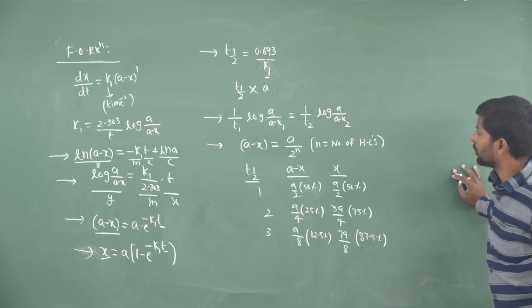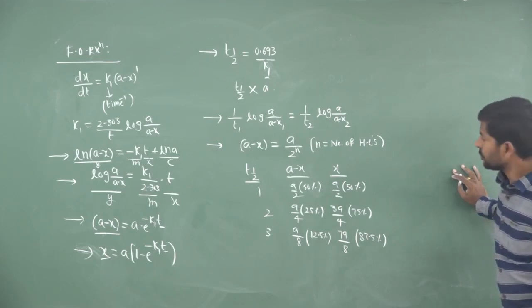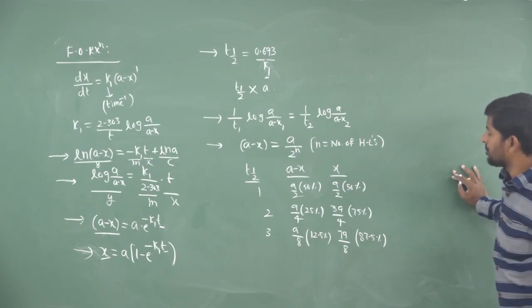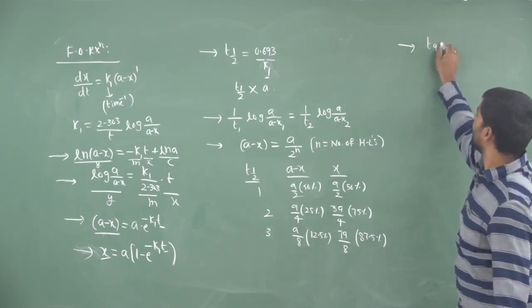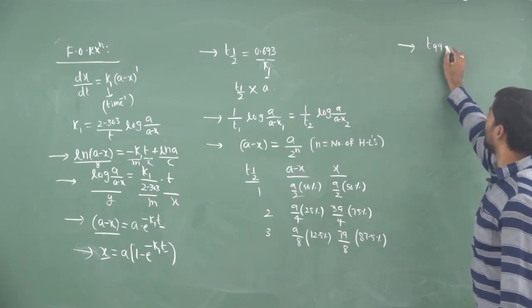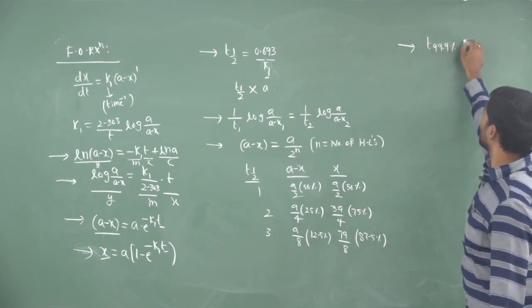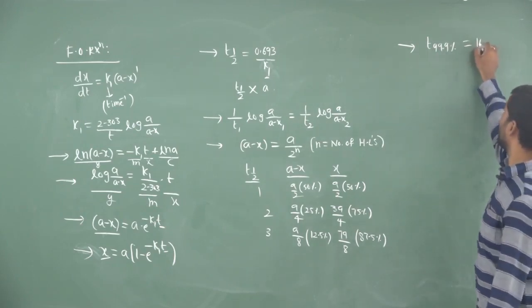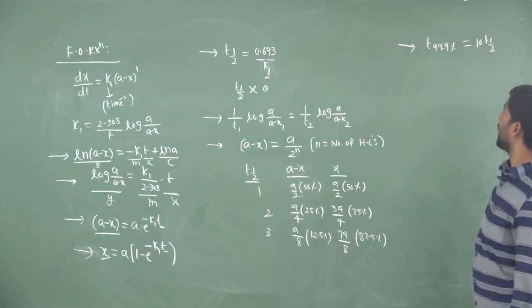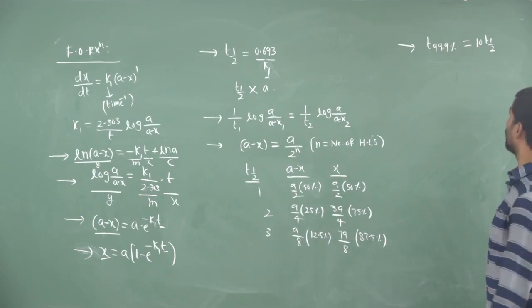Number of half-lives: the time required to complete 99.9%. How many half-lives? 10 half-lives. To complete 99.9%, 10 half-lives are required.